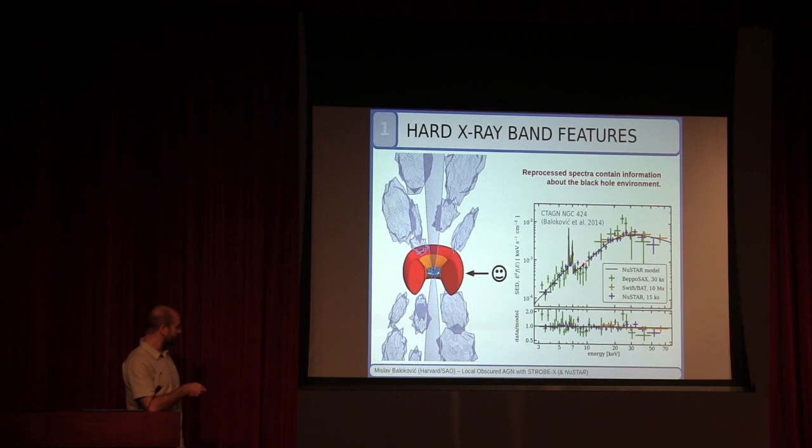I should note though, the XMM points are from two different instruments, so you have this gap here, and you always have cross-calibration issues. It's very important that the iron line and the Compton hump are accurately measured in a relative sense. And of course with Swift-BAT over here, this is integrated over many, many years, and we know AGN vary on timescales much smaller than that. So the question is, what are you actually sampling there?